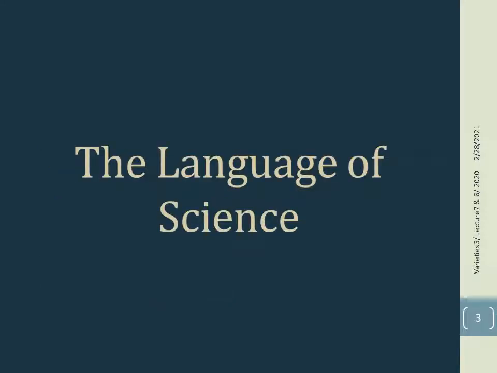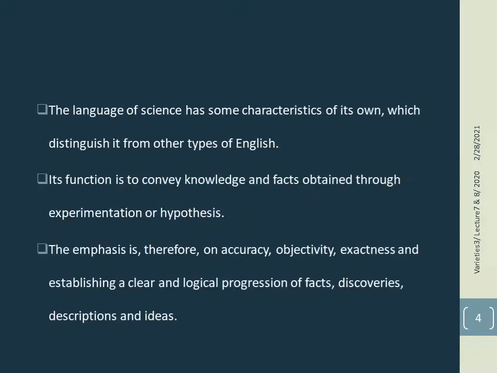So remember, we are completely done with the language of legal document, and now we're moving to the language of science, where we have the language of scientific reports, experiments, and so on. So let's dive into this type of variety.